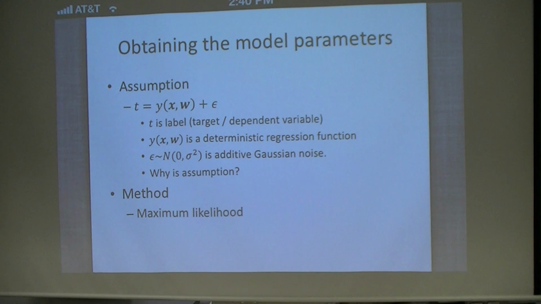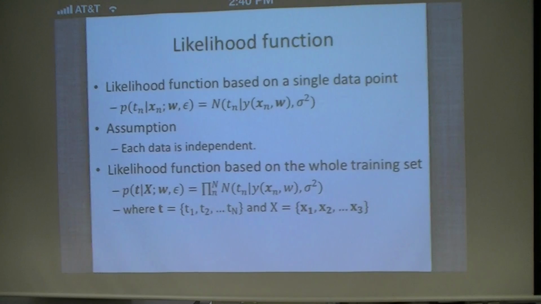Given this assumption, how can we find the model parameter? We can use the maximum likelihood algorithm. First, let's take a look at the likelihood function of this problem. For a single data point, we can express the likelihood function as this.